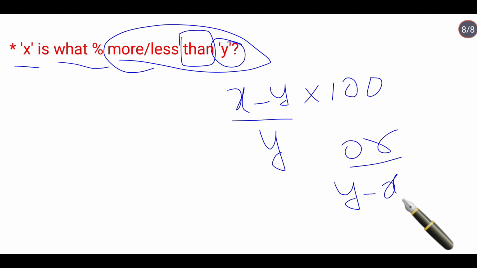The difference of the two values, either x minus y or y minus x, divided by the value after than, which is y, should be in the denominator, into 100. Let's take an example.